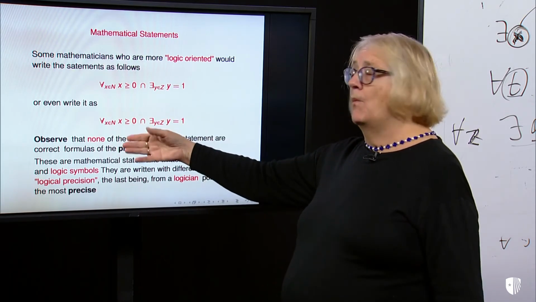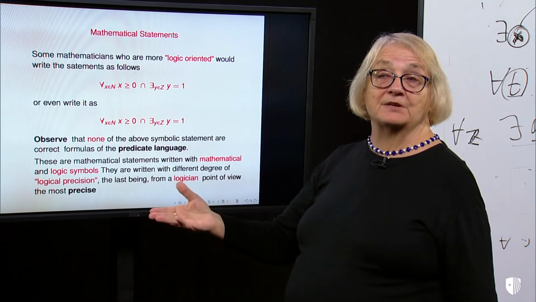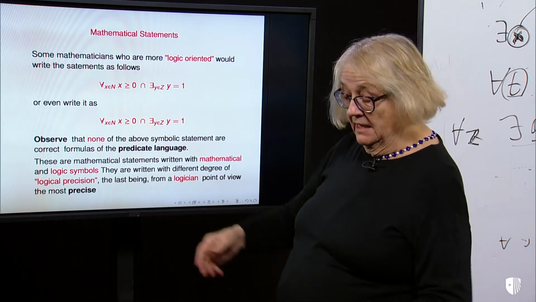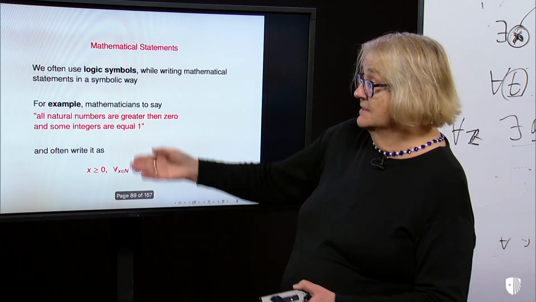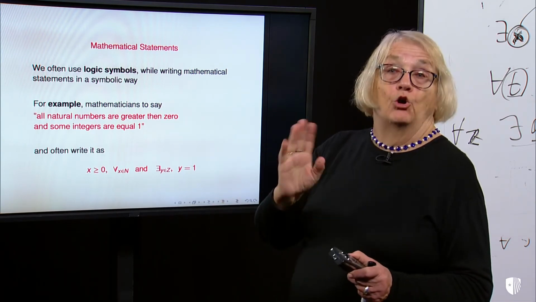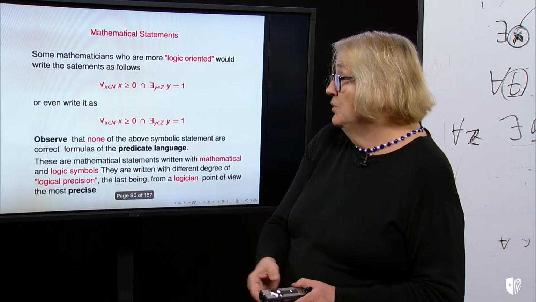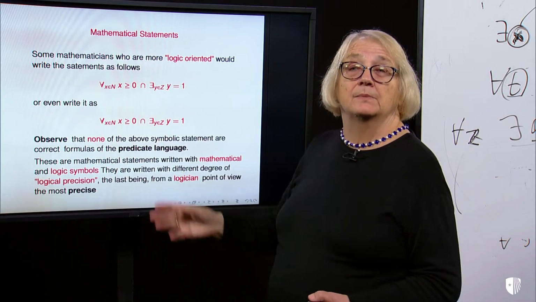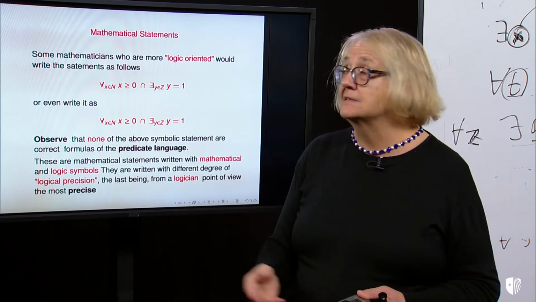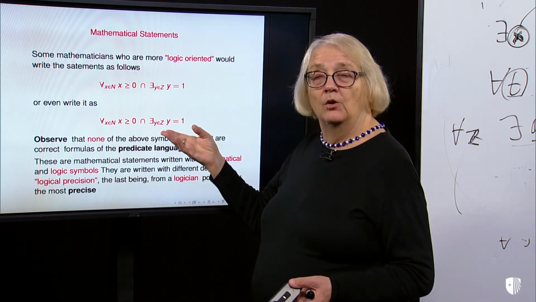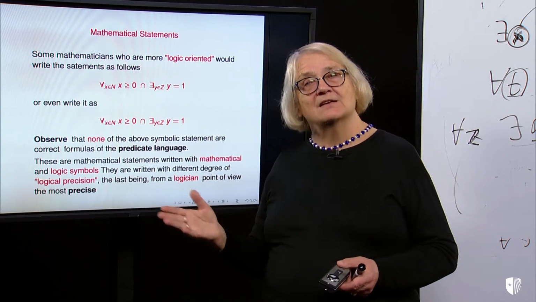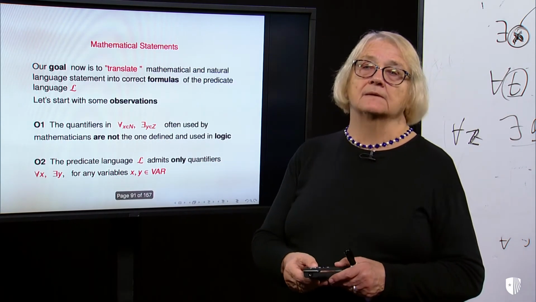So that is a more structured way of representing that statement, not in logic, but using logical symbols, which we do very often. This is a more precise way of representing it.